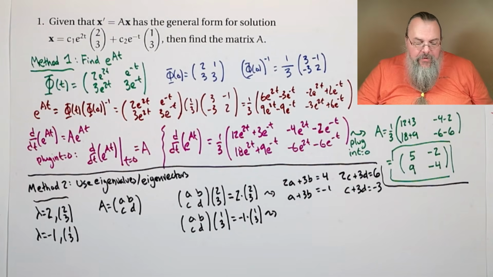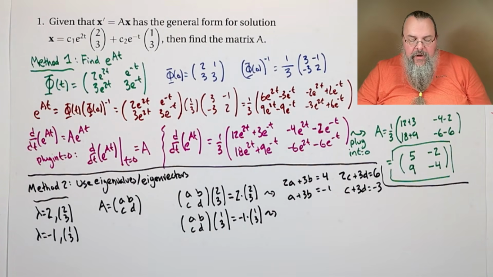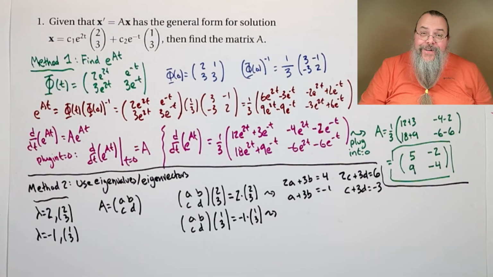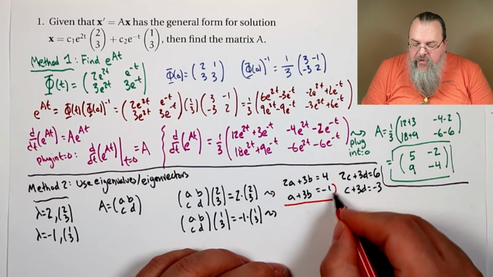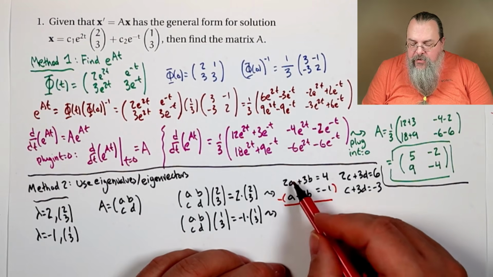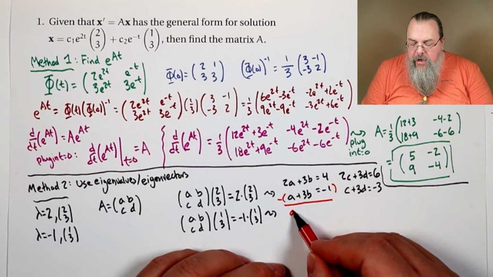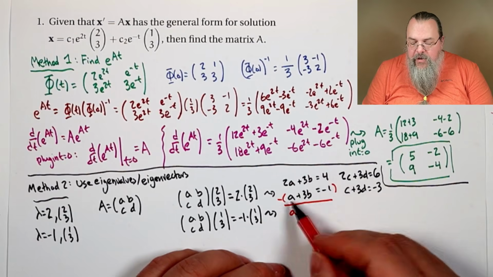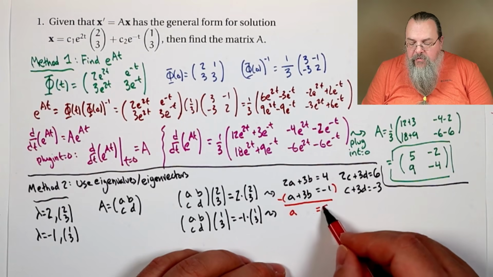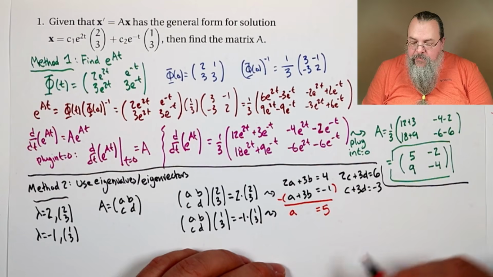But they were nice to us. And they said, hey, because we like our students, we'll make them clean. So for instance, if you subtract here, 2a subtract a, the b's disappear. 4 minus minus 1 makes 5. So a is 5.